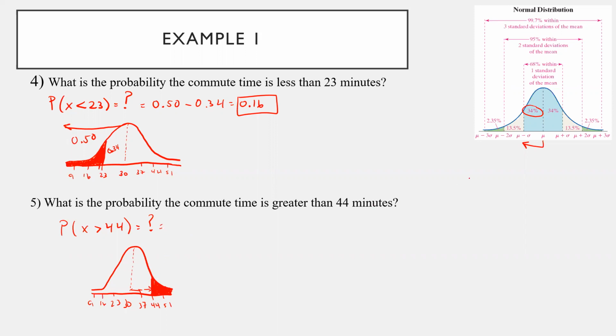Okay. So look, how much area falls above the mean? It's 0.5. That's because half is below, half has to be above. Well, look, notice how this area here and this area isn't shaded. Well, that's this number and this number because it's 1, 2 standard deviations.